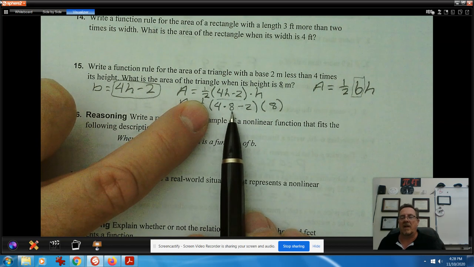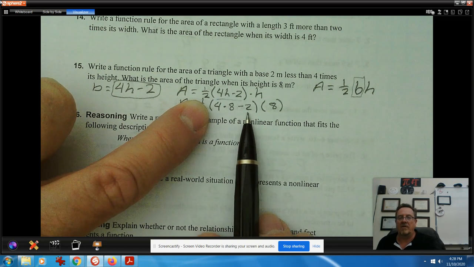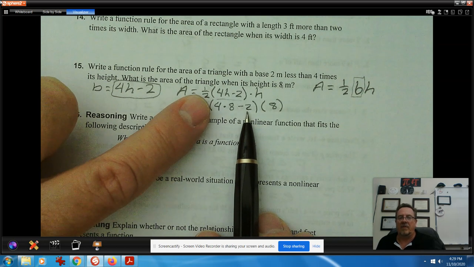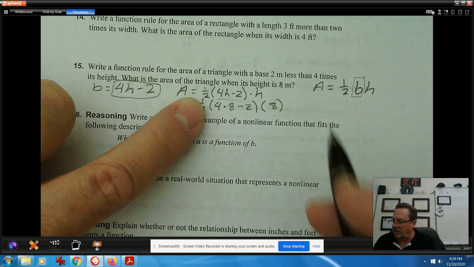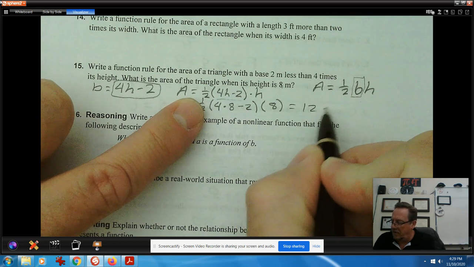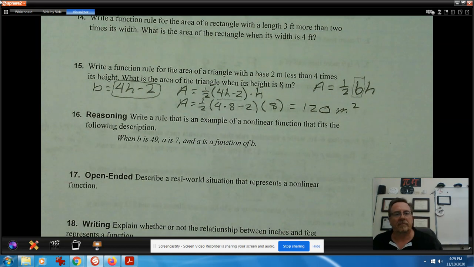You can do 4 times 8 and subtract 2. So 4 times 8 is 32, minus 2 is 30. And so then I'd have to take 30 times 8 times 1/2, which is going to be 120, I believe. You can do that in your calculator, but I believe you get 120.